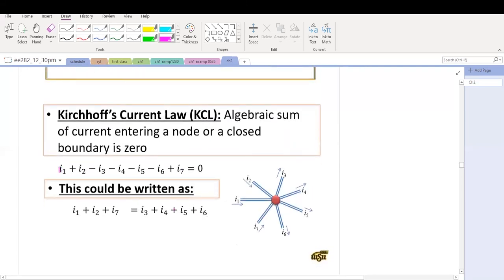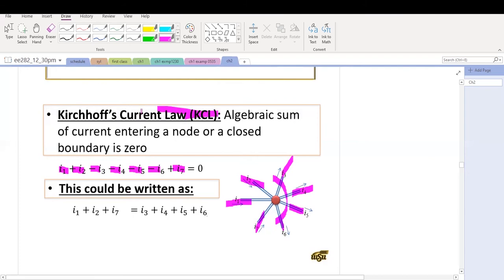I1, I2, and I7 all flow into the node, so they have plus I1, plus I2, and plus I7. All those other currents flow out of the node, so they have a negative sign in front of each current that flows out of the node.